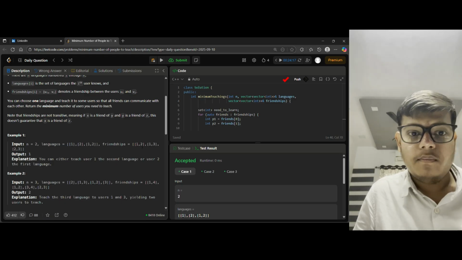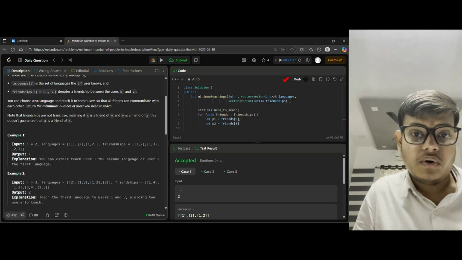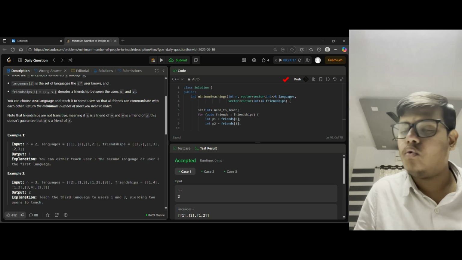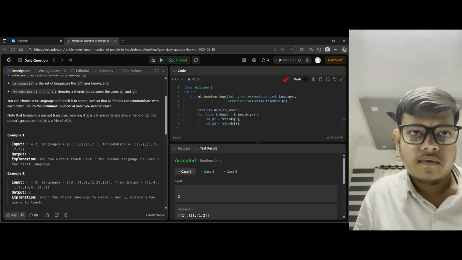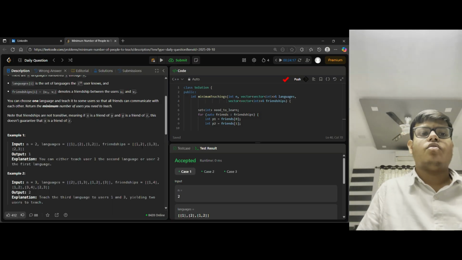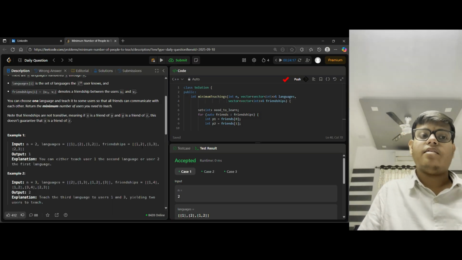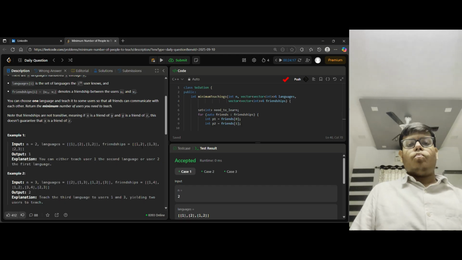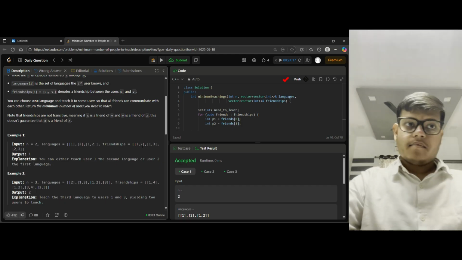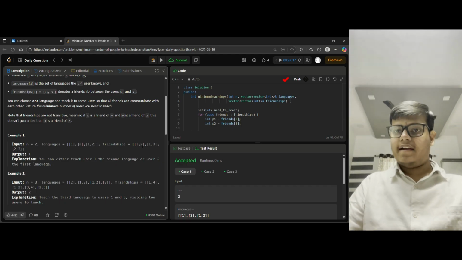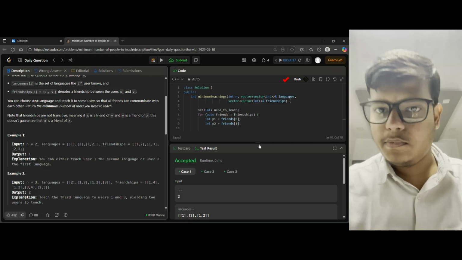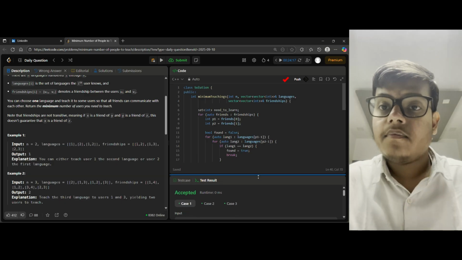Suppose you are taking some language L and you want to teach that particular language to users who cannot communicate right now, and you have to return the minimum number of users you need to teach. So what I understand, as per that I have created this solution.